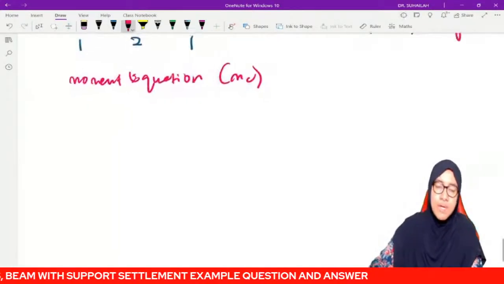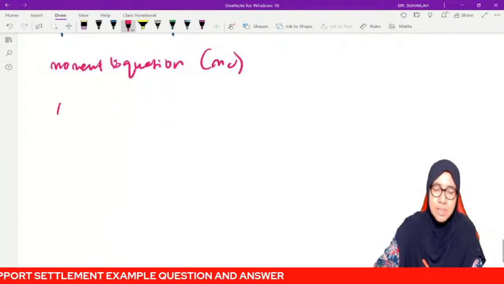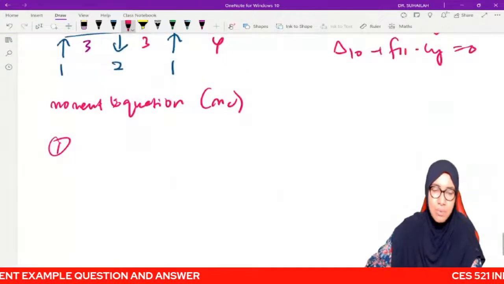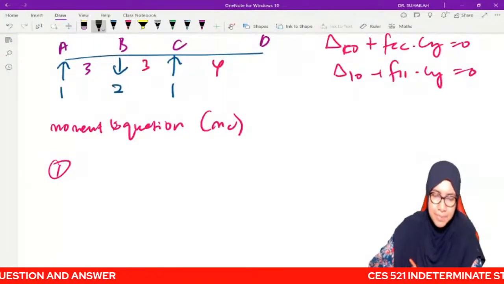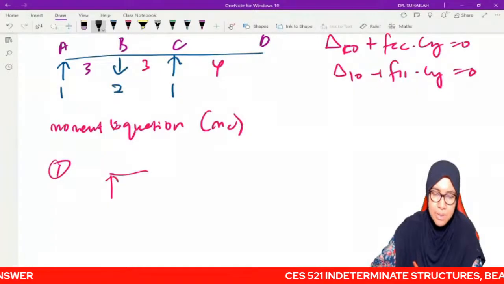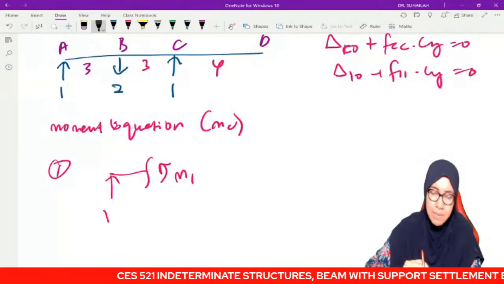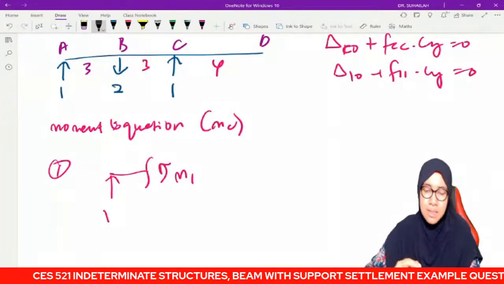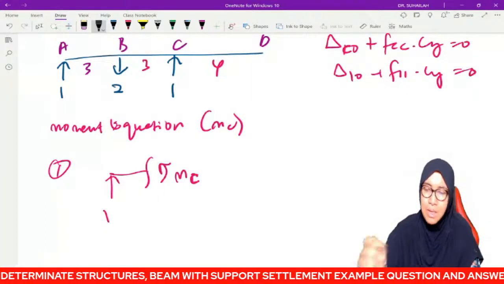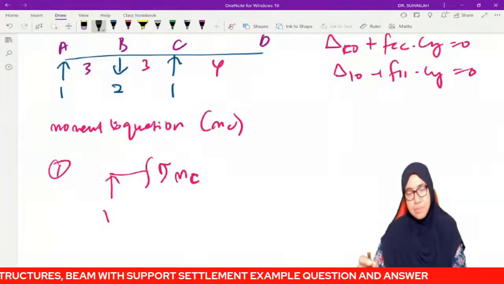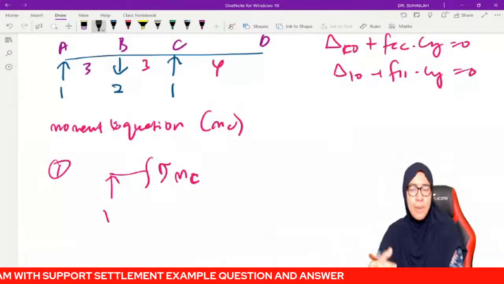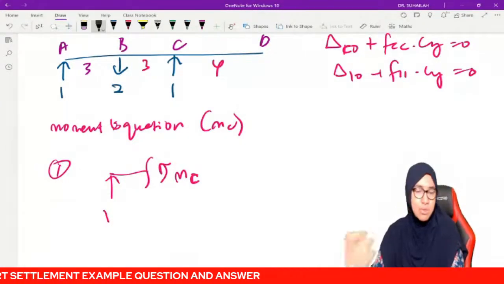For the moment equation, we start with section number 1, which will be simple. We use MC. If you want to use M1 also it is okay, but we must be consistent.